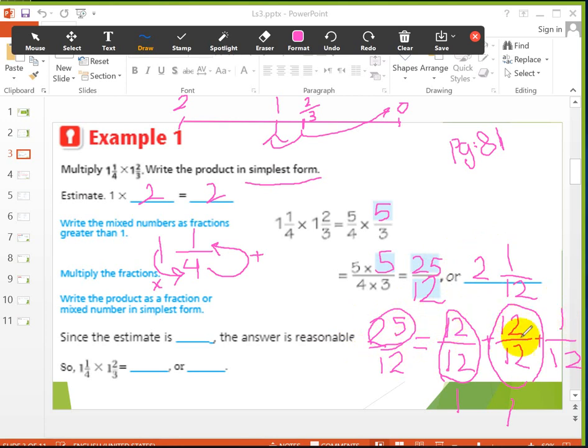Why did I choose 12? Because the denominator is 12. I wanted to make the numerator and denominator the same, because I want to make a whole. When numerator and denominator are equal, that means this is a whole, because 12 divided by 12 equals 1.